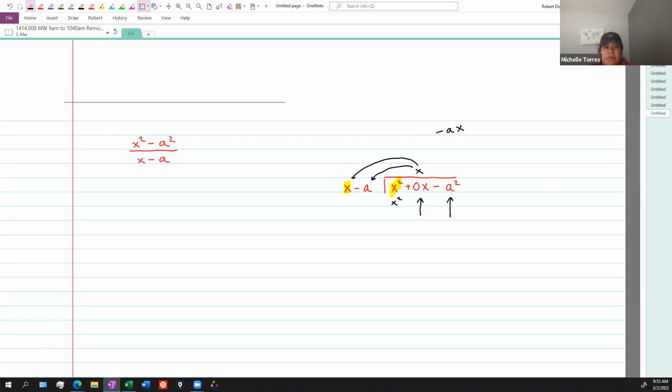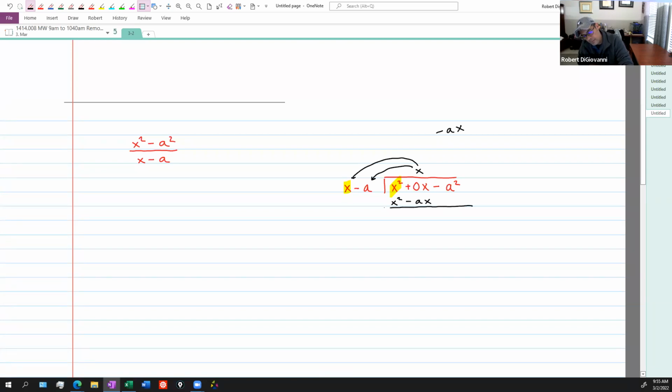Yeah, under the 0x, because negative ax has an x in it. So I'm going to put minus ax right there. Now I subtract. So it turns into minus here and plus here. These cancel. Nothing plus ax just gives me ax. And then I still have minus a squared to come down.